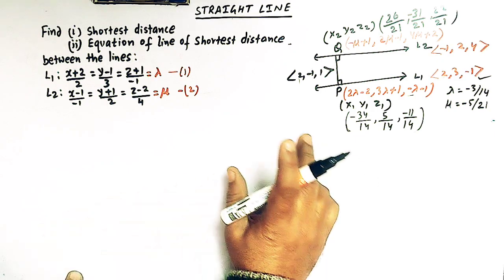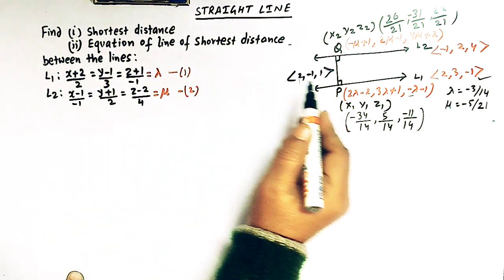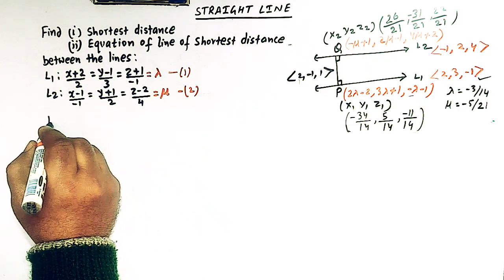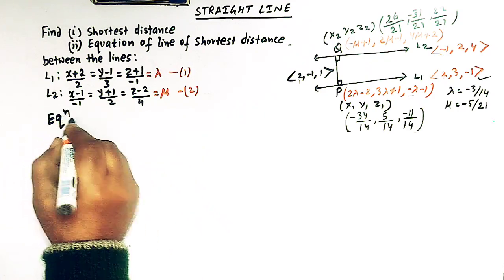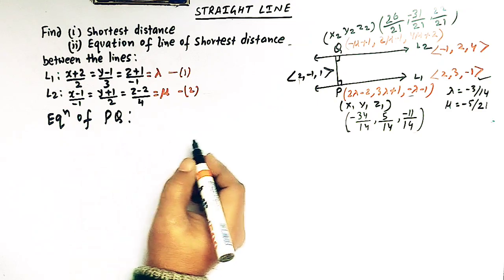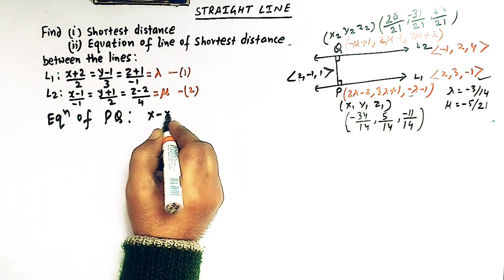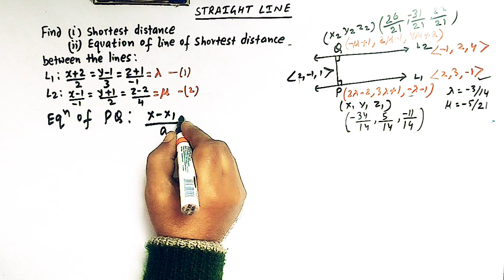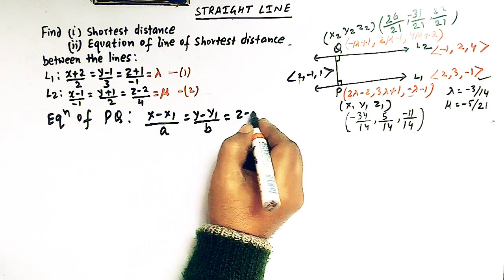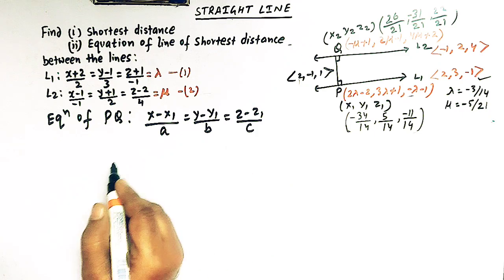So let us find out the equation of the line of shortest distance, that is PQ. So the equation of the line, that is PQ, is given by (x minus x1)/a, (y minus y1)/b, and (z minus z1)/c, right?